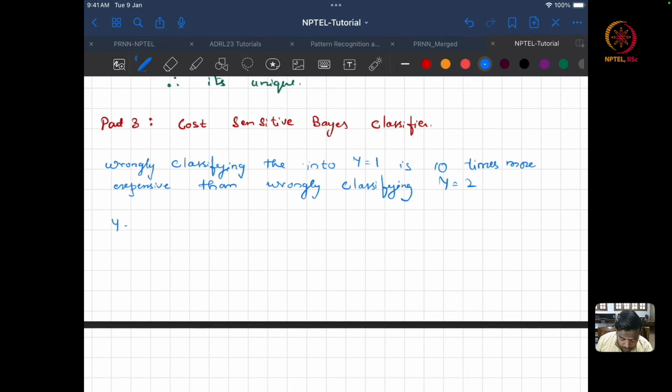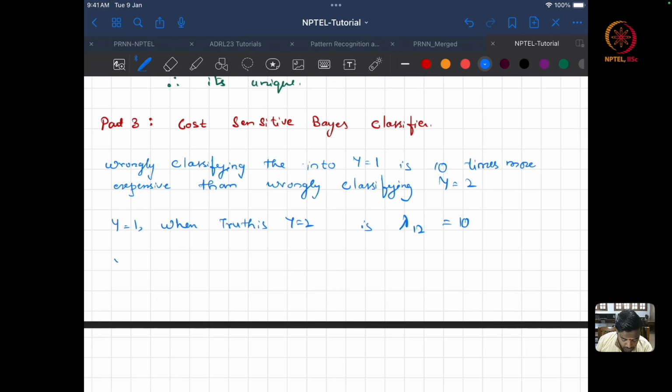Let's say that deciding y is equal to 1 when the actual label is y is equal to 2 is lambda 1 2, it is 10 times more expensive.